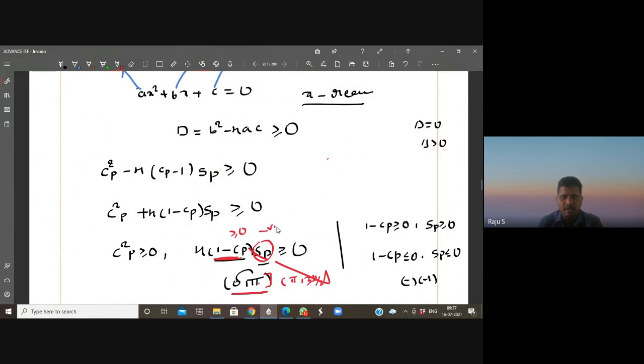Sin is negative. 1 minus cos p is greater than or equal to 0, but sin p is negative. So positive into negative, we are getting negative as the answer. But we required greater than or equal to 0. Is that possible in the third quadrant? Is that possible even in the fourth quadrant? Never, because sin p is negative.